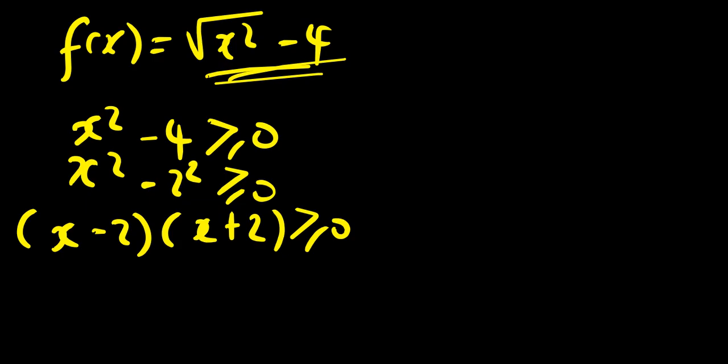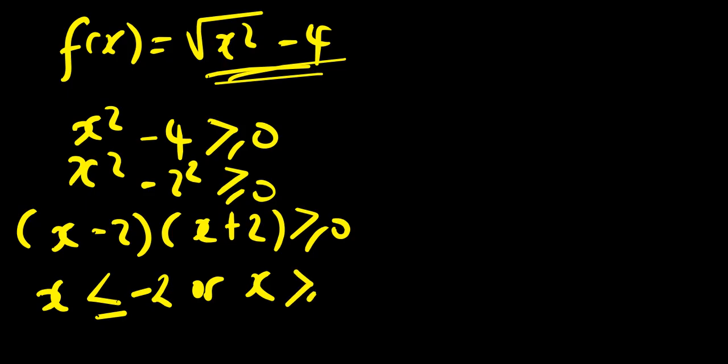Therefore, x should be less than or equal to -2, or x should be greater than or equal to 2. On the other side the sign changes, because they have different signs, so they just exchange. Now these are the critical points on our graph.